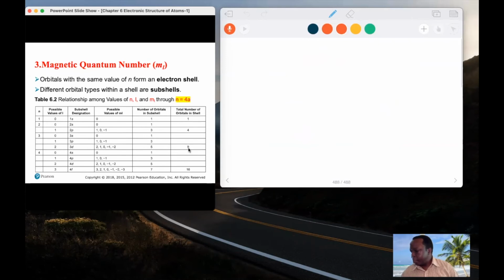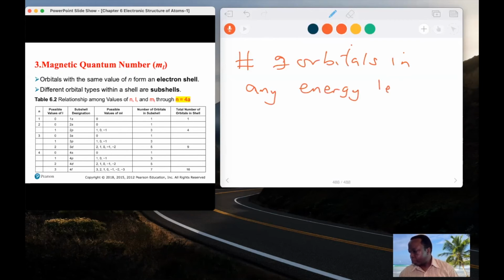In case you are given any energy level, which is n, the number of orbitals is given by n squared.